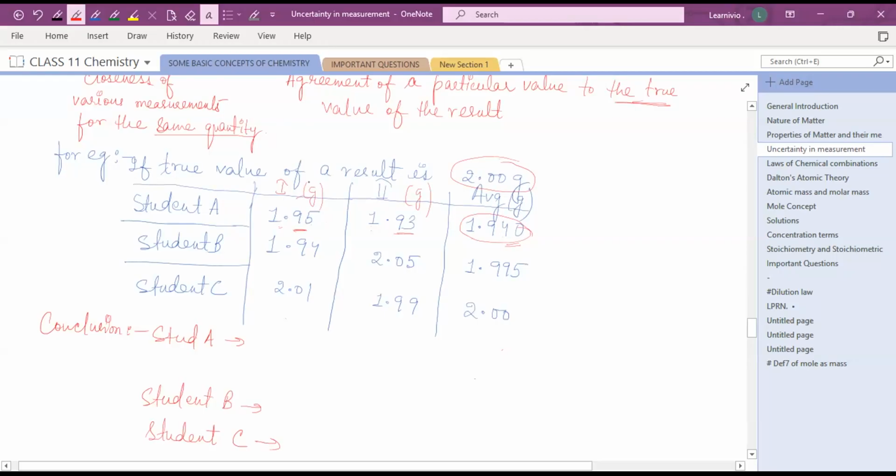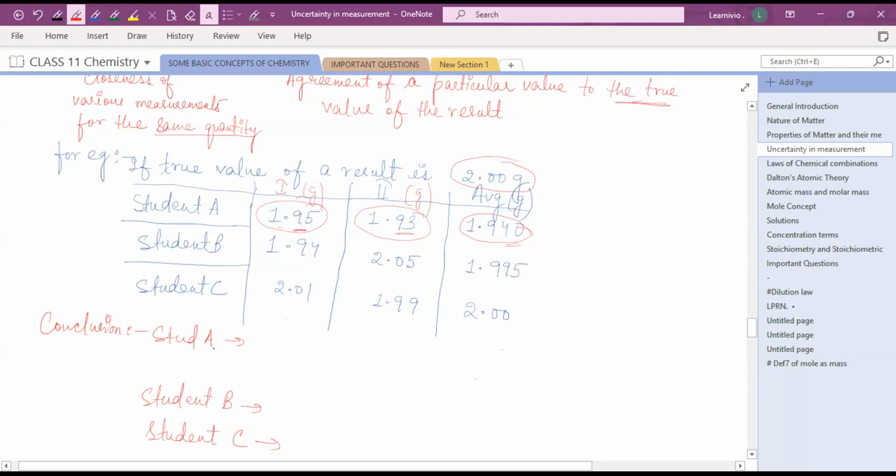So student A's first reading is 1.95 and the second reading is 1.93. You can see over here, these are close results, like 0.02 difference. That's the closeness of the results.